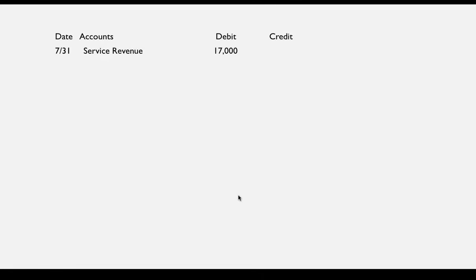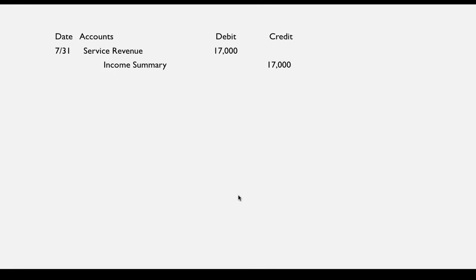Now, there was this new account that popped up whenever you're doing these closing entries, and it's only here for these closing entries. So we close revenues to an account called income summary. So there's this income summary account that we will use when we're making our closing entries. Here we're going to credit income summary $17,000.